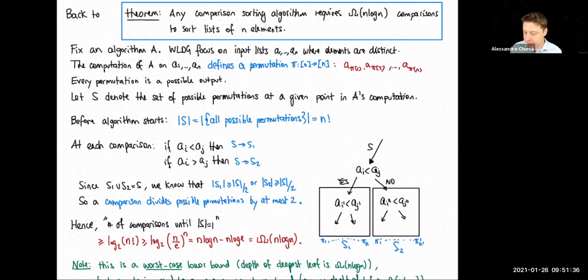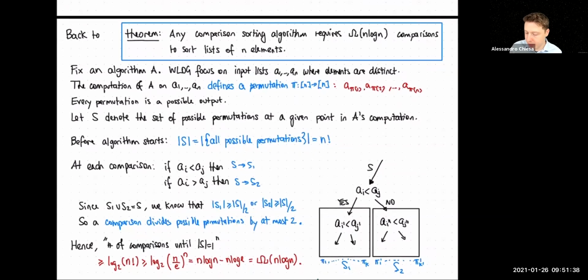All right, so I'll just maybe take one more question about this one. I'll just spell out again why we're looking at all these permutations. Let's say that your input is, I don't know, 3, 2, 1, okay? So a sorting algorithm must output 1, 2, 3, okay? So it has computed a permutation. What is that permutation? It says pi of 1 equals, pi of 2 equals, and pi of 3 equals, right?